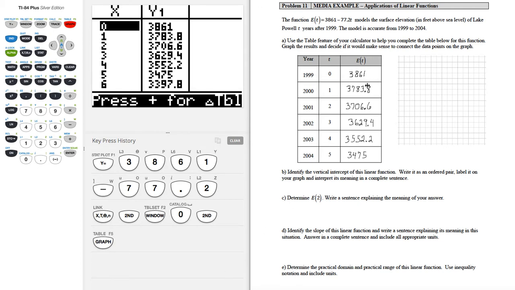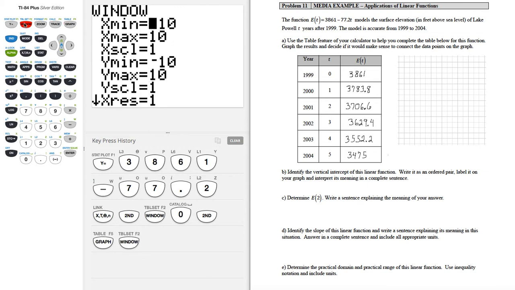Once the values are all written into the table, then we're asked to graph the results and decide if it would make sense to connect the data points on the graph. So we can use our graphing calculator, and let's go to the window. Our x-min should be 0. So our x values travel from 0 to 5, so x max is going to be 5.